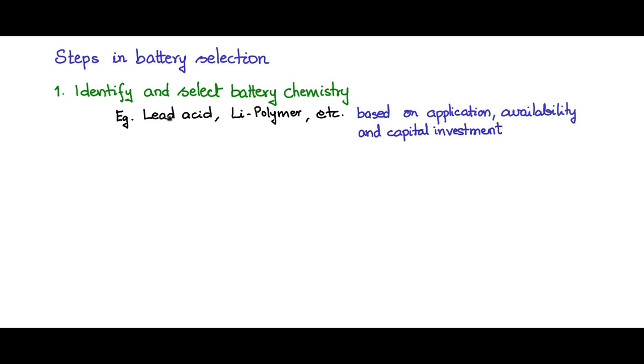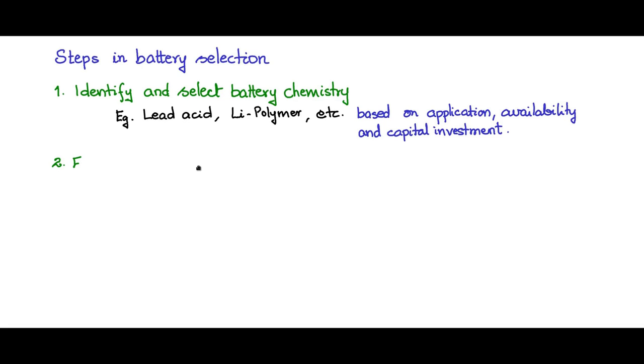For most of the applications, especially if it is not on a mobile platform, and if it is for solar photovoltaic applications where real estate is not an issue, because anyway you need real estate for the PV collectors, one can start off by going with lead acid batteries, lead acid tubular batteries, because the capital investment will be lesser.